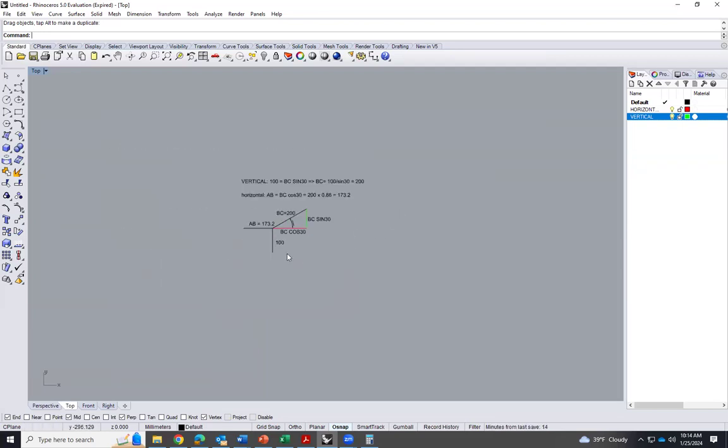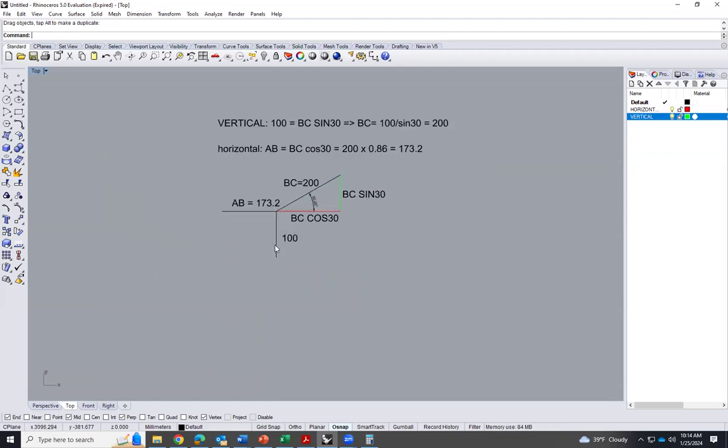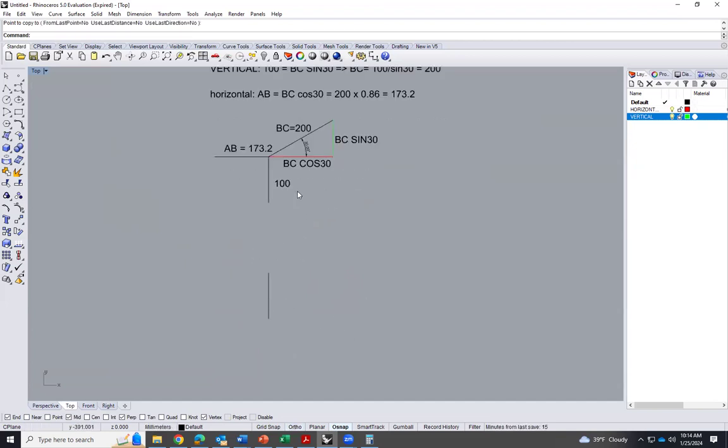Okay, so now can we do this graphically? Yes, we can. So we know that we have this line going there, and we have to create a triangle with this direction. So we have this tilted 30 degrees, and then we have this horizontal.